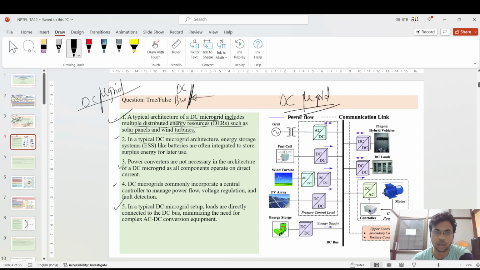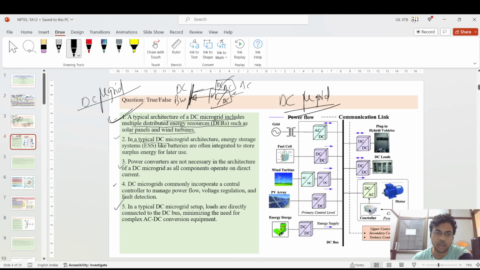If you see, you have a DC bus bar, you can connect to this DC bus bar using a DC to DC converter, and if you are generating AC, you can also connect with an AC to DC converter. So you can connect multiple distributed energy sources inside this DC microgrid.